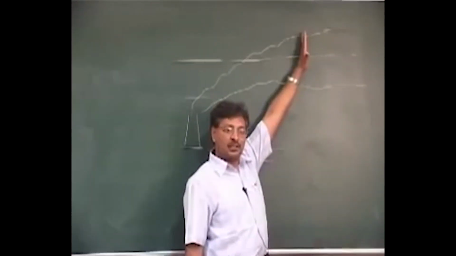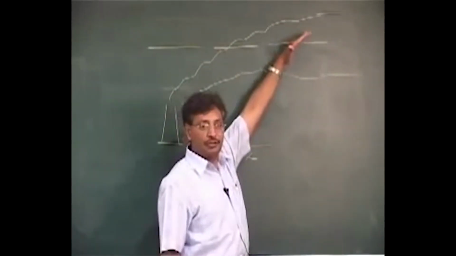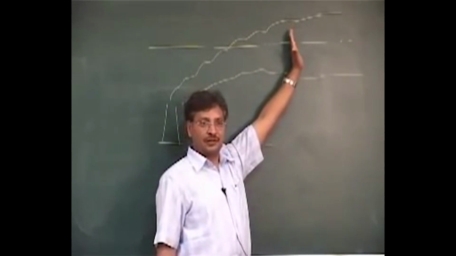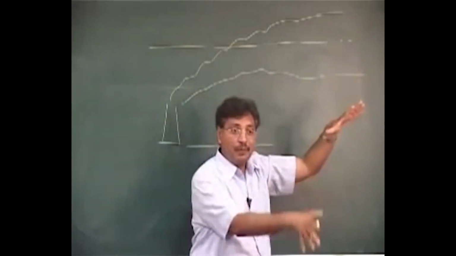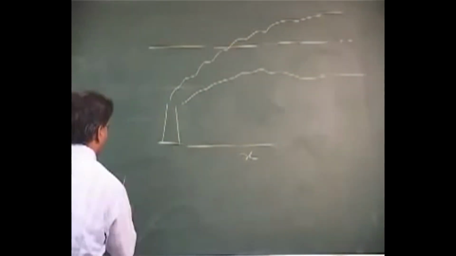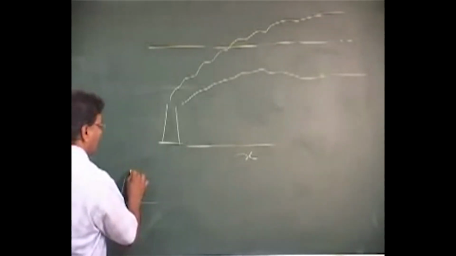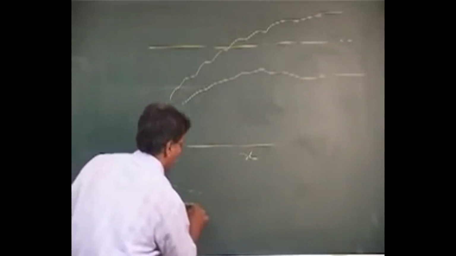We assume that the stability above this is the main cause of the dispersion, and this dispersion may cause impact onto the ground level. See, eventually what will happen, if I draw another picture, the plume is traveling and then it comes like this, then it will come like this.